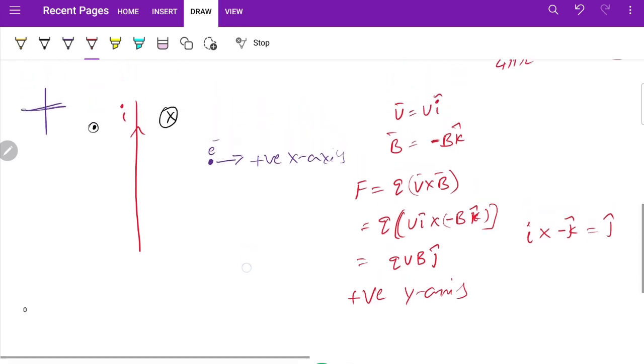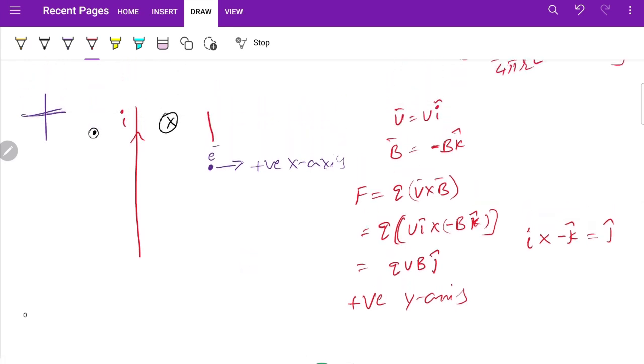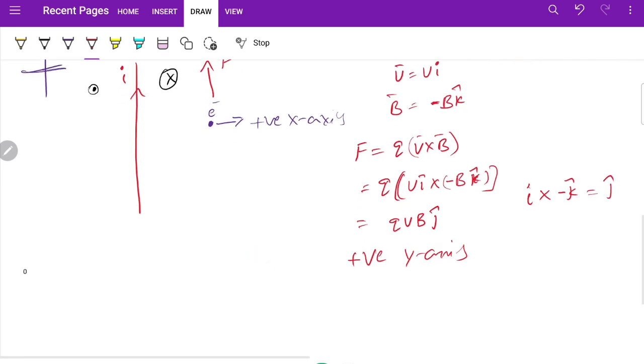So that means the electron will travel like this. The force acting on this particle is in this direction. So here the original speed is along this direction. Original velocity is along the positive x-axis, and the force due to the straight conductor is along the y-axis.